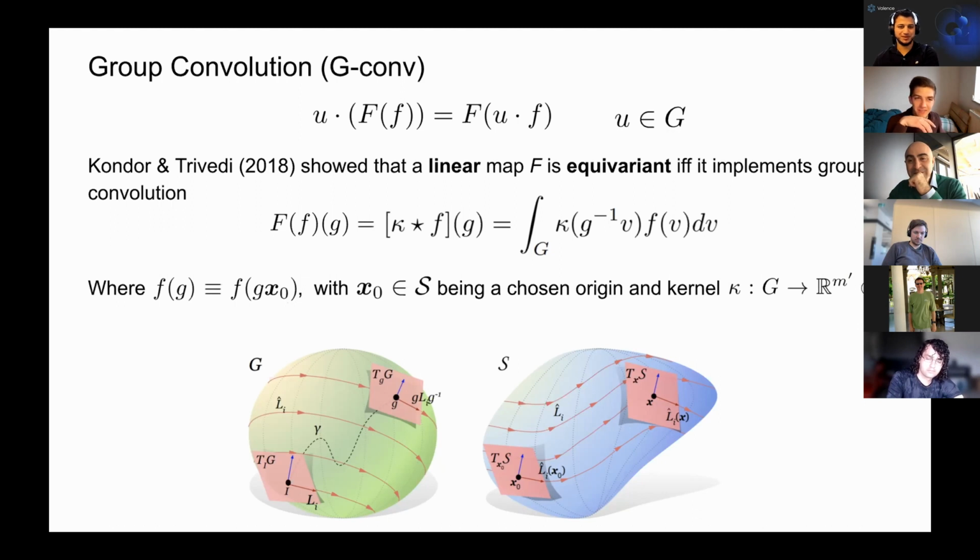Since the pop-up. Yeah, I would say we now have this convolution, and we know that a function is only equivariant if it can be implemented as a convolution. And we now have this knowledge of why it is important for us.